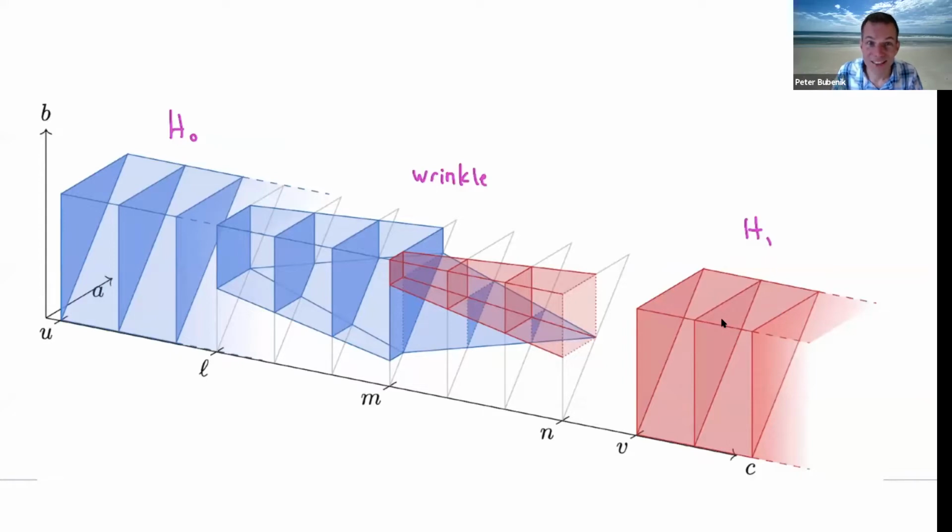Which is not easy, and we certainly don't have software to do this in general. But we're able to do it by hand, and we're hopeful because, due to work of Eliashberg and Mishachev, we know that these wrinkles are generic.